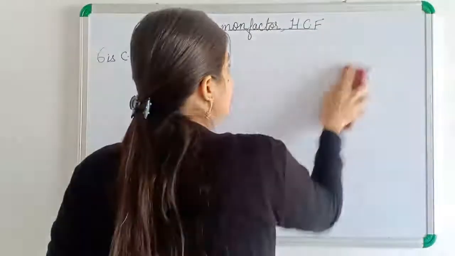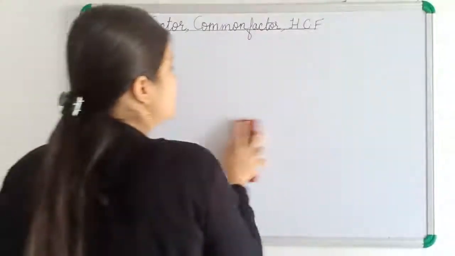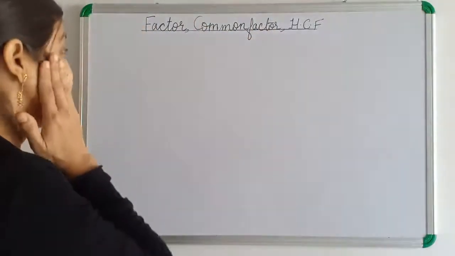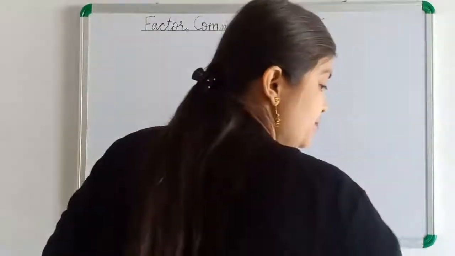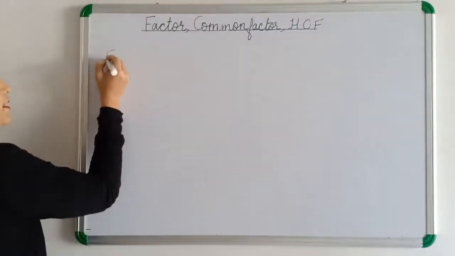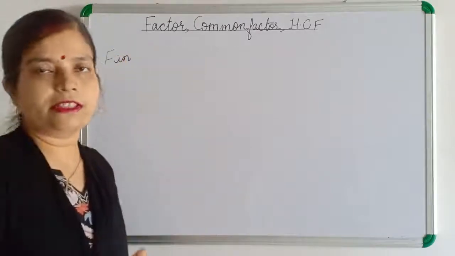So first we will find the factors of a number, like it is given in the example. Find all the factors of, I will take here a big number, 112. Because for the smaller numbers we have already discussed.